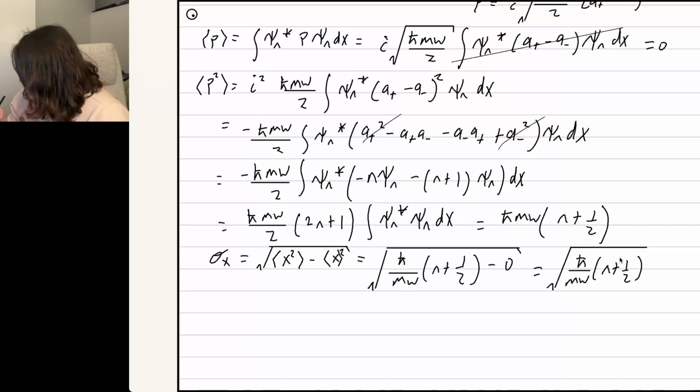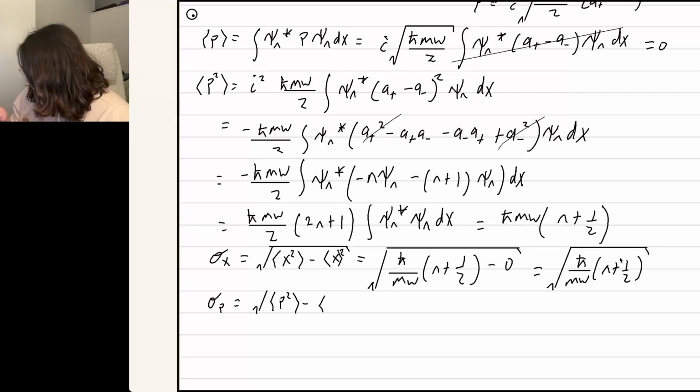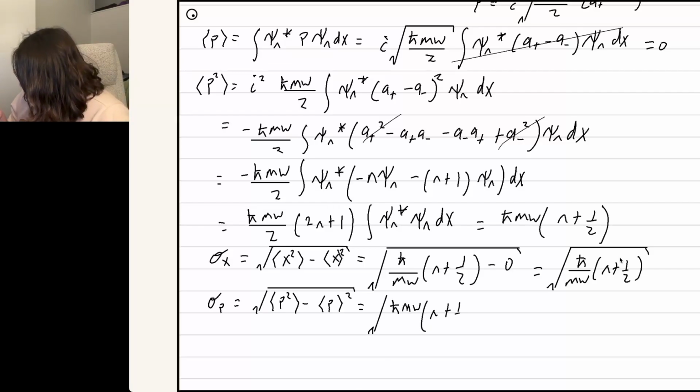And then sigma p will be that stuff there. We also know the values for both of those. So it's going to be ħmω times (n plus 1/2) minus 0. So it's just the square root of ħmω times (n plus 1/2).